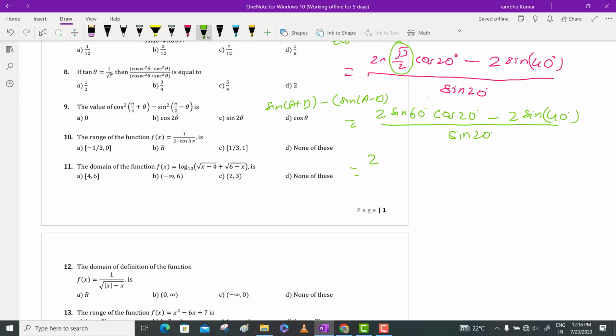Which means sin a plus b plus sin a minus b, correct now? So now this will become 2.